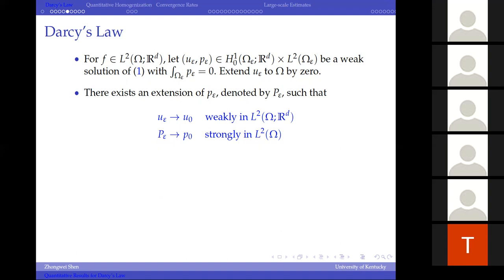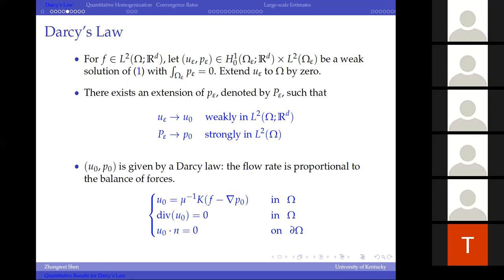So it can be proved that as epsilon goes to 0, the extension u epsilon, still denoted by u epsilon, converges to a function in L^2 weakly, and the extension of the pressure, capital P epsilon, converges to a function strongly in L^2.